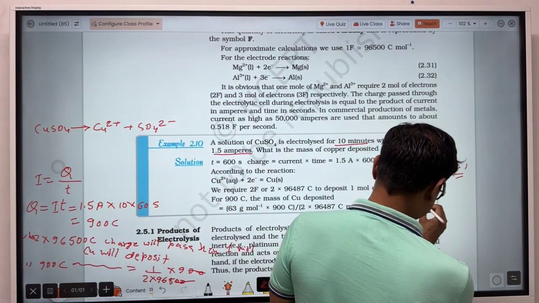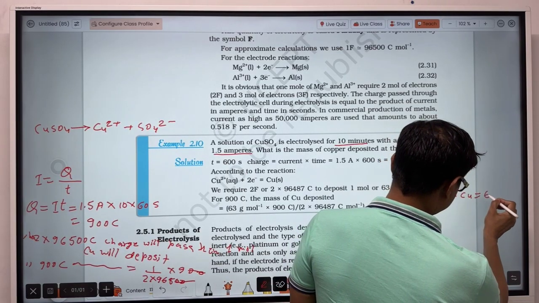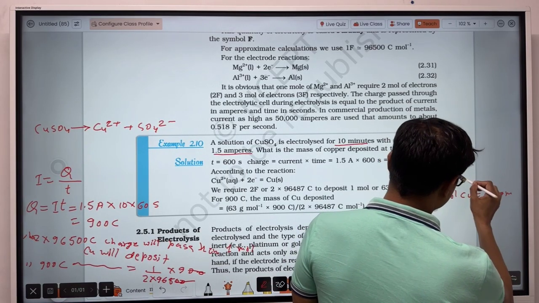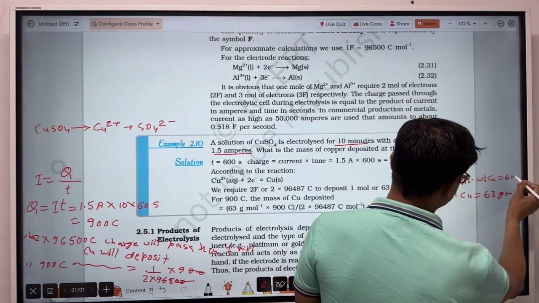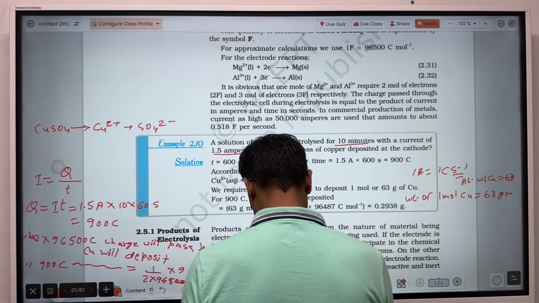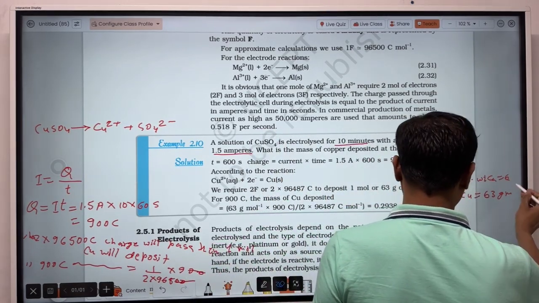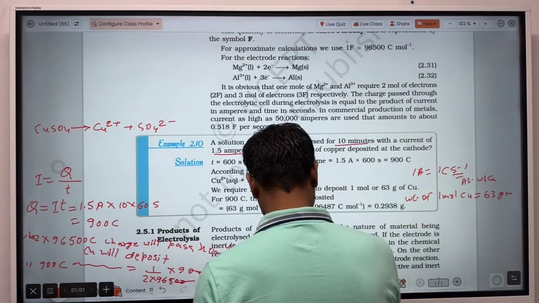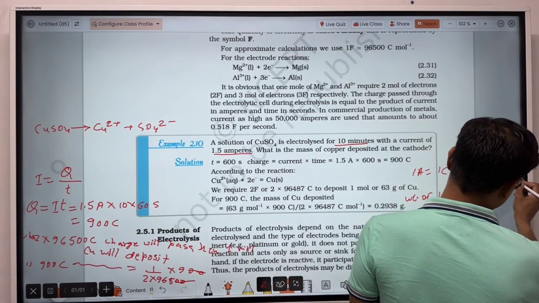Now the weight of 1 mole of copper will be 63 gram, because the atomic weight of copper is 63 gram per mole.